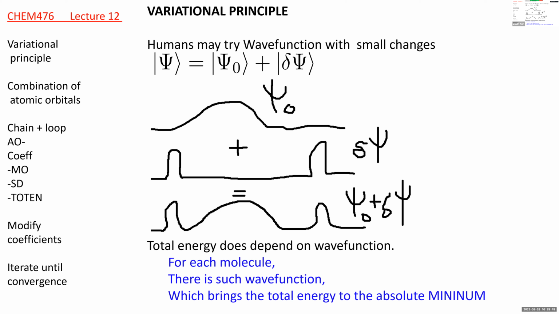Suppose we have a ground state wave function, maybe something like a Gaussian, maybe multidimensional, and then we have little additions on the side. If we add it together, we will have a central part and little tails. So how does such a change of the wave function modify the total energy?